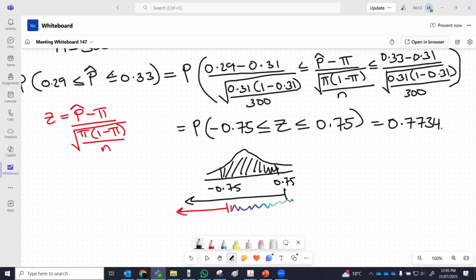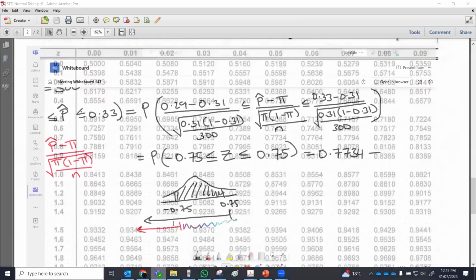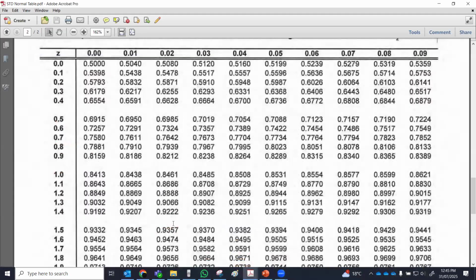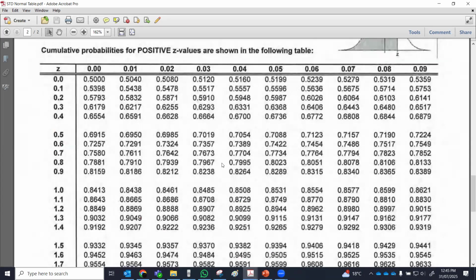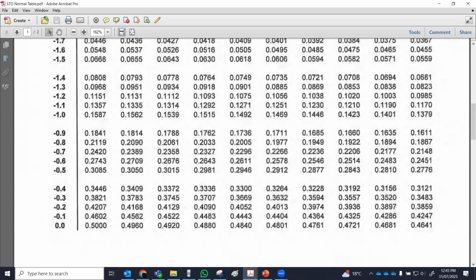Okay, and then we are going to subtract the other one. The other one, we look for negative 0.75. So the negatives are up here, negative 0.75.